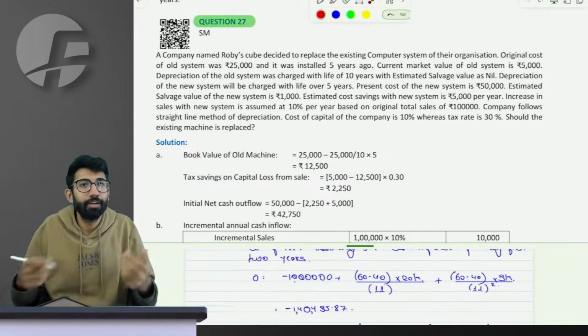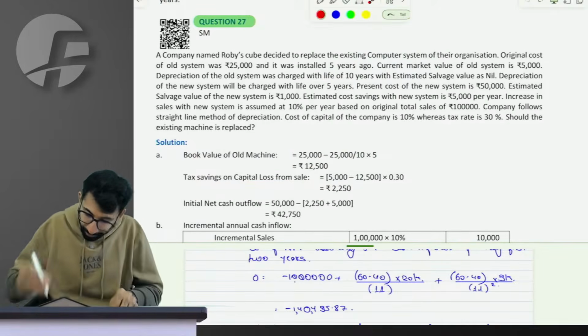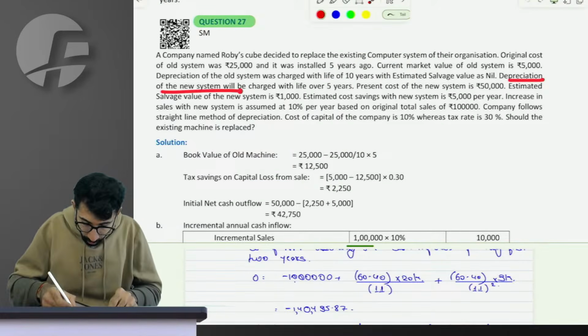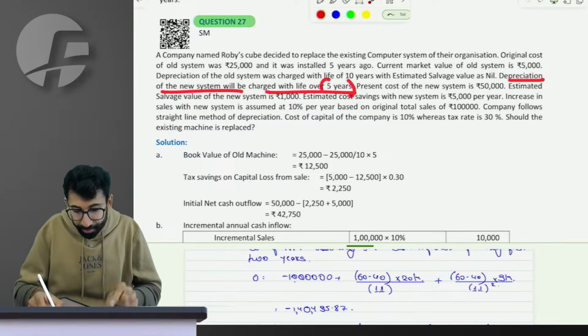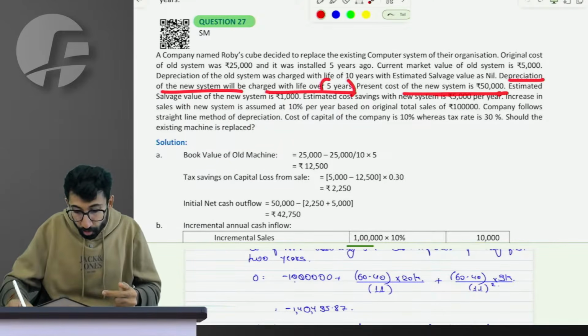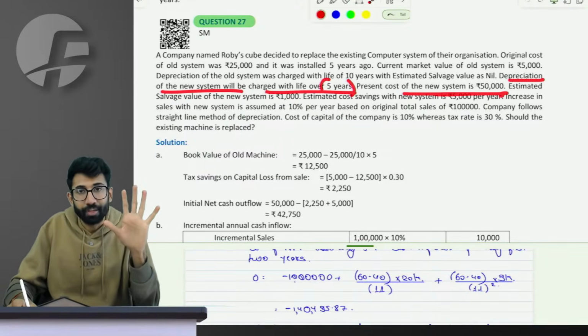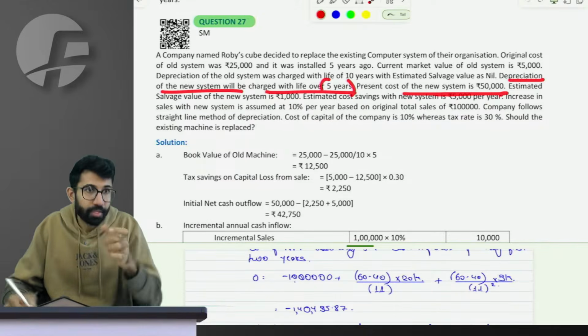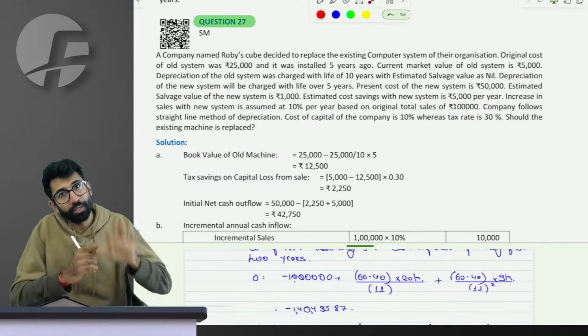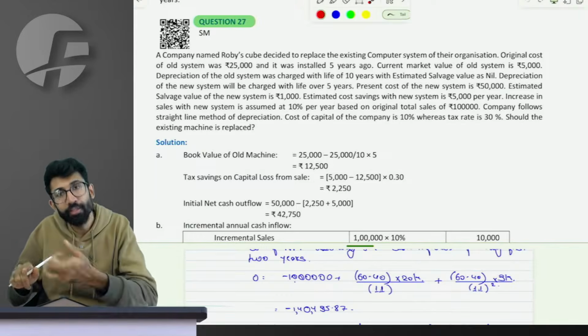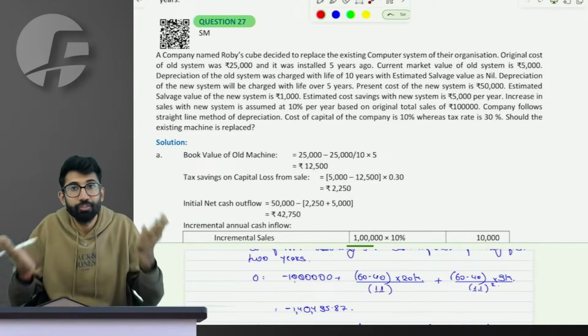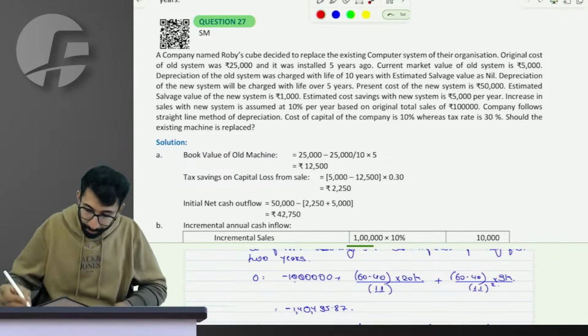Sir, why are you calculating book value? I will tell you everything. Fine. Depreciation on the new system will be charged over 5 years. The new system which I purchased costs 50,000 and has a life of 5 years. Meaning to say, if you continue the old computer, life is 5. If you sell the old and buy the new computer, life will be 5, so that they become comparable. Fine.